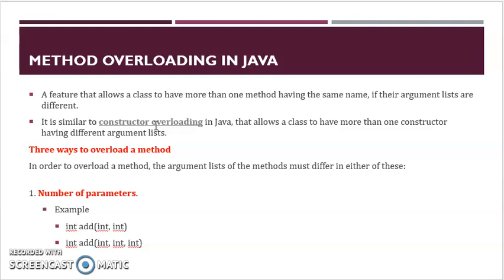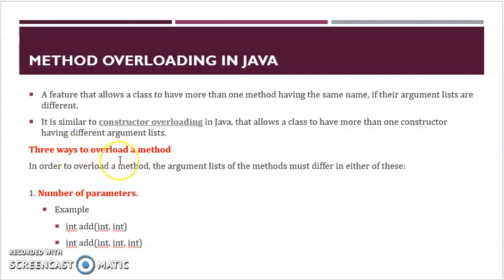We studied about parameterized constructors and non-parameterized constructors. If you are taking one parameterized constructor and one non-parameterized constructor, both are performing function overloading, with the difference that one is holding input arguments, and the other doesn't have any input argument. So constructor overloading is similar to method overloading also.